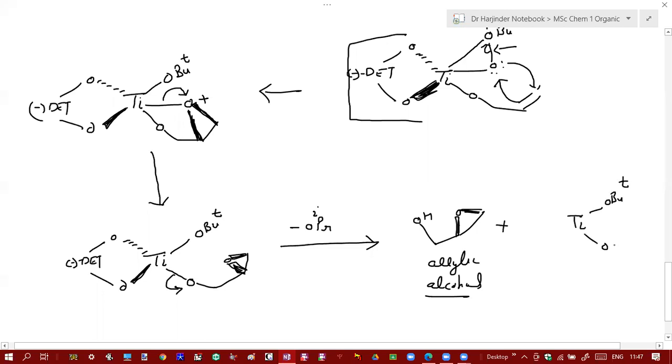Here an isopropyl oxide will attach, and on this side it will still remain the same.